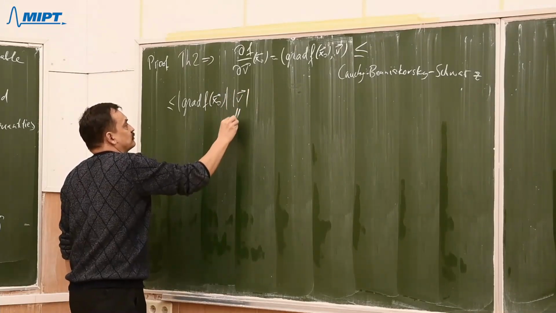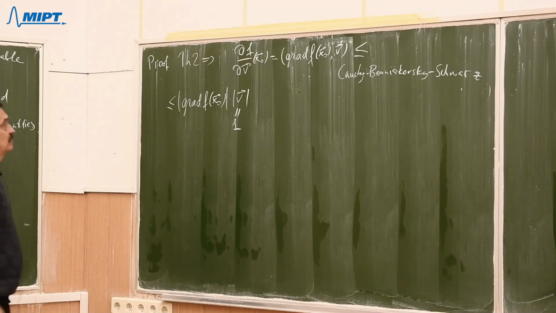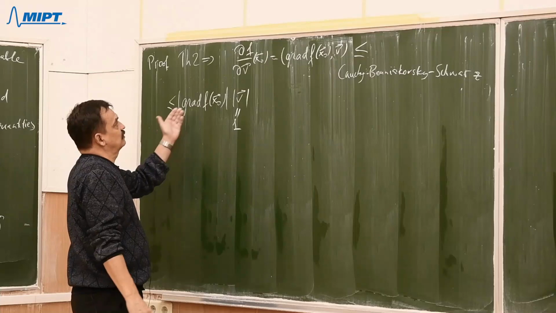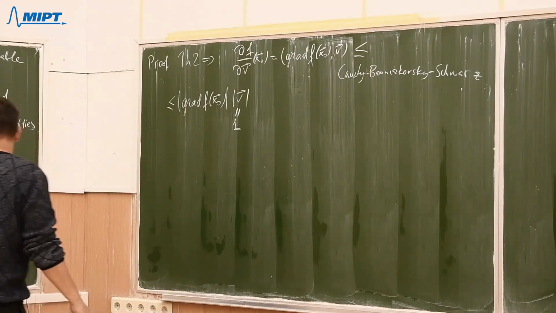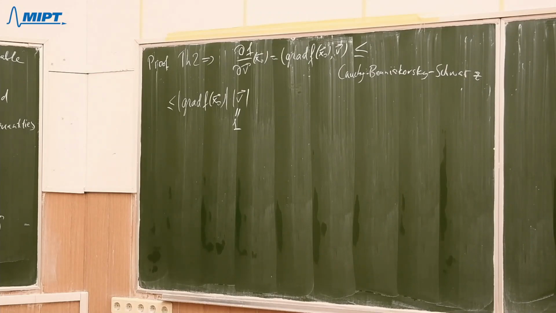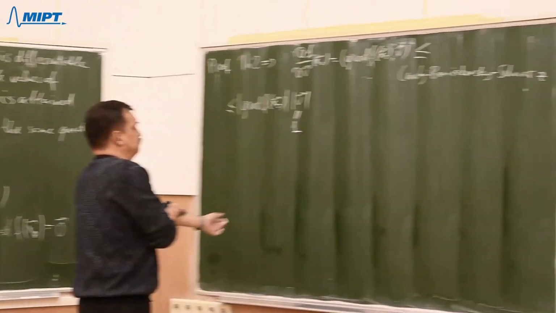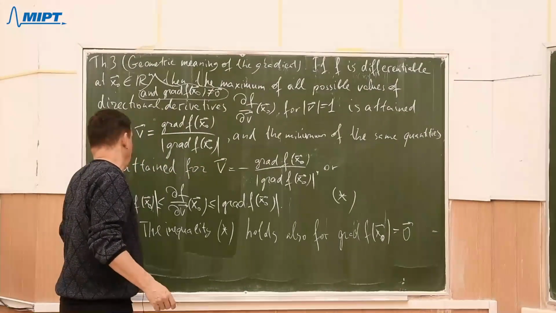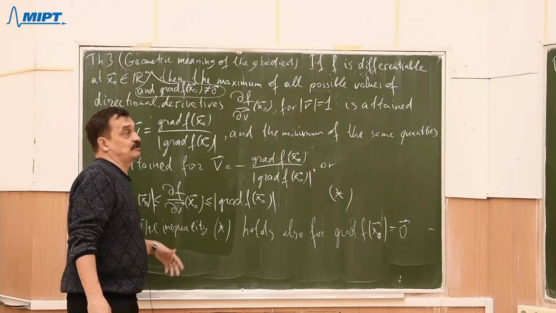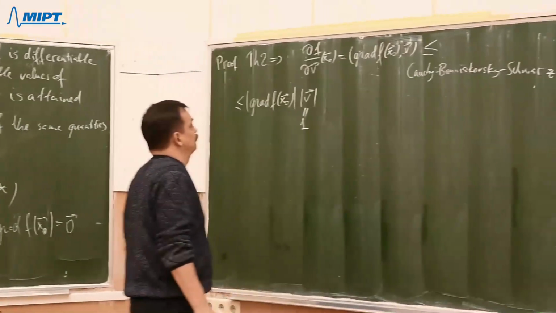Length of v equals 1 by our choice of v. Hence, you see that maximal we have the right hand side of star, and of course the left hand side also follows from the same inequality if we consider this with minus sign.